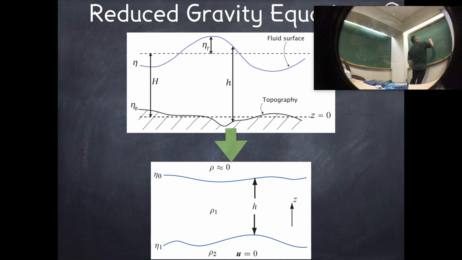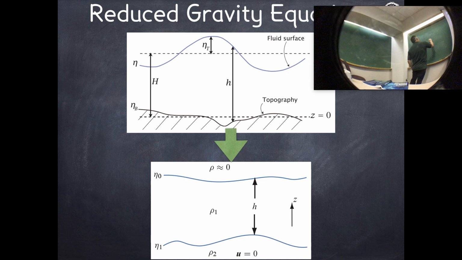Okay, so if I'm thinking at a particular Z, which happens to be the location of the bottom of this interface, I can do that. I can still use the same pressure integral. My surface boundary condition is the same. But what does it mean to say the bottom layer is motionless?